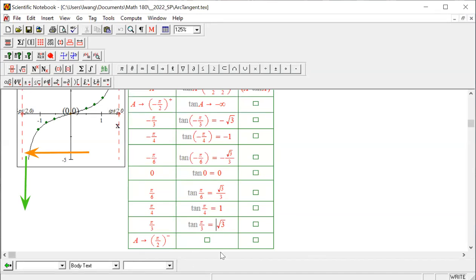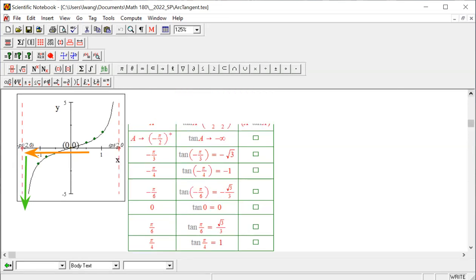Okay. And last but not least, when A approaches pi over 2 from smaller than pi over 2, which we're very clear about, our angle approaches pi over 2 from smaller than pi over 2, and the ratio of tangent approaches positive infinity, right?